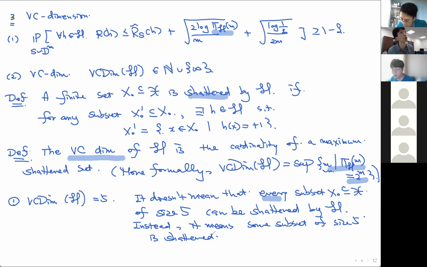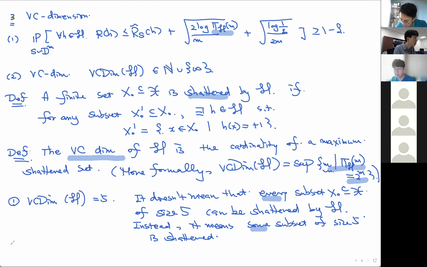So don't be confused. The VC dimension, as well as the growth function, talks about the best possible scenario in terms of distinguishability. That's the one thing that I want you to notice.